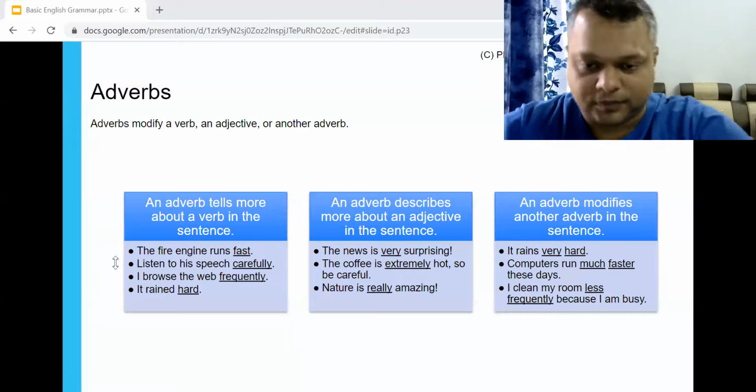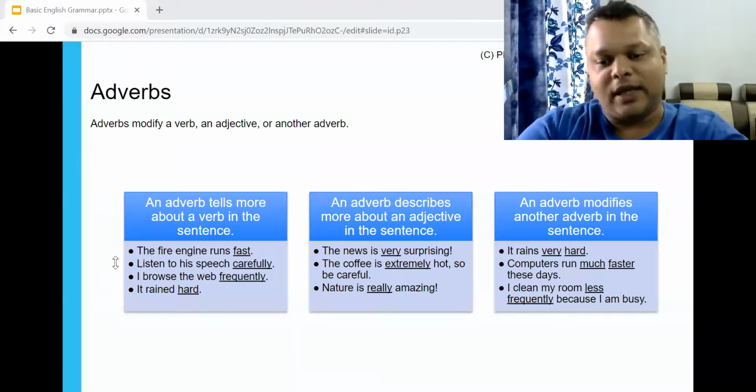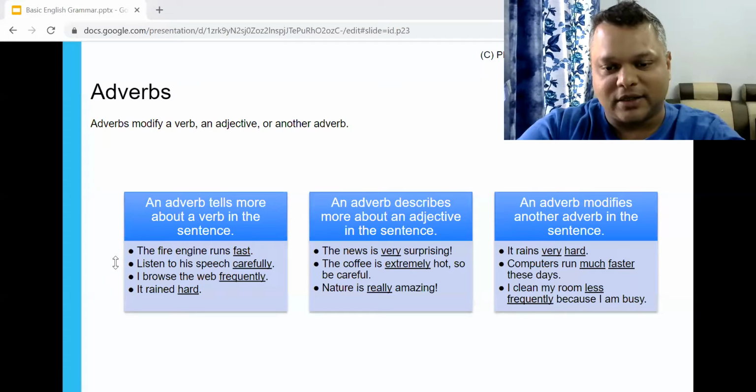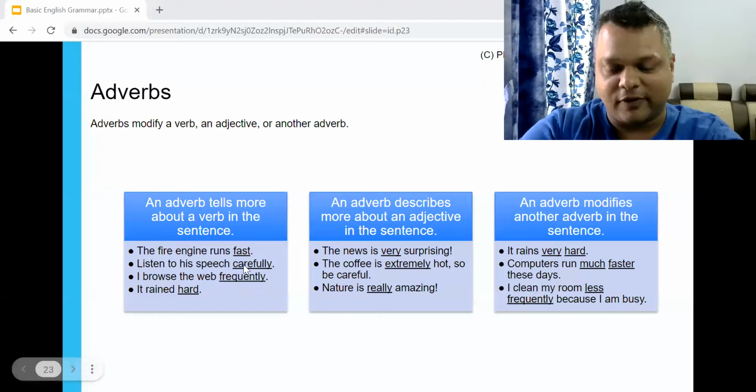And careful. Yeah, so careful is describing what? What is careful? Any suggestions, any ideas? Adverb. Adverb that is describing what? Verb. Yeah, which is the verb?